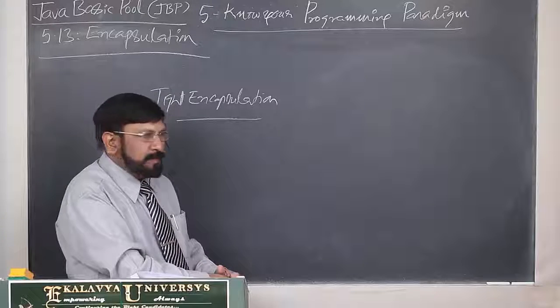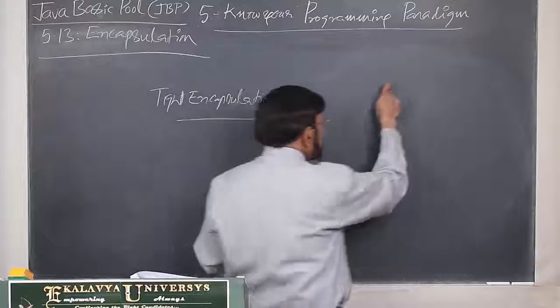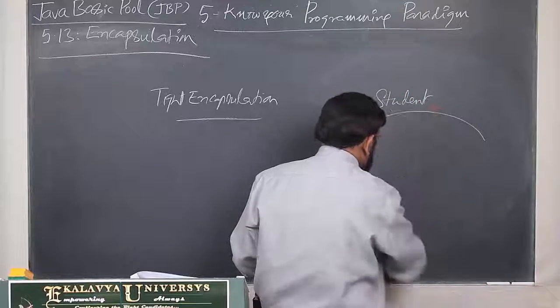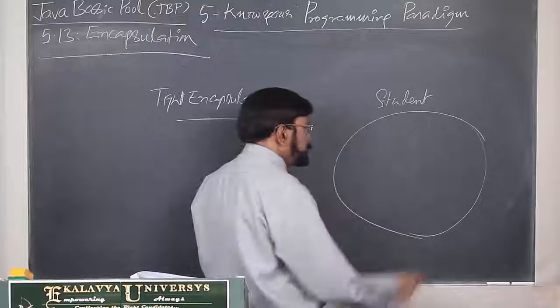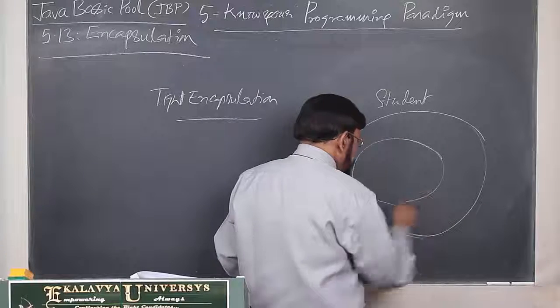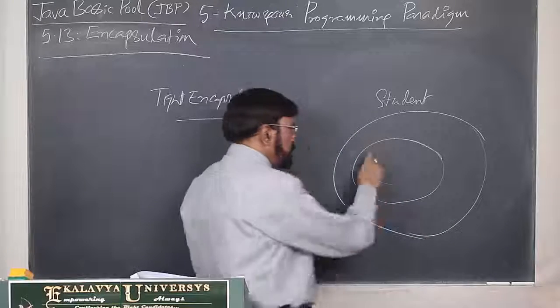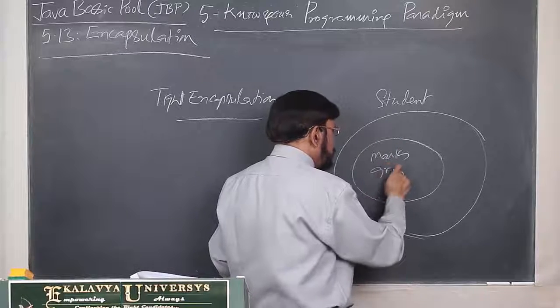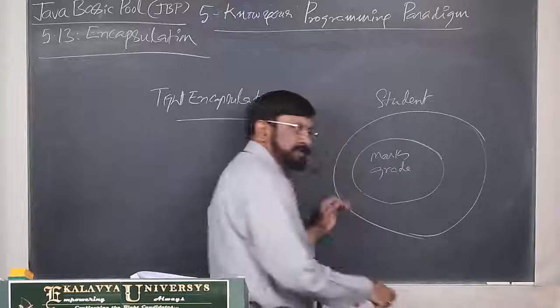In this, one more advantage is there. This advantage you can understand through a student class. Suppose you have defined a student object. In this, let us suppose marks are there and a grade is there. Just with a simple example I am showing it to you.